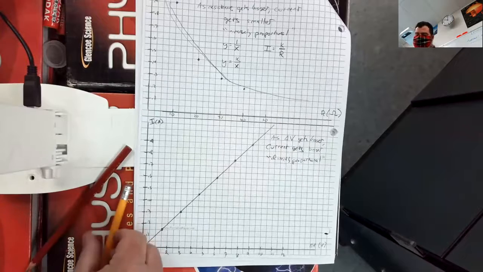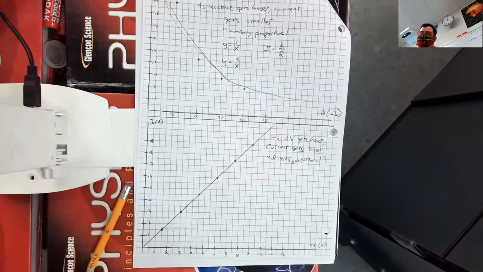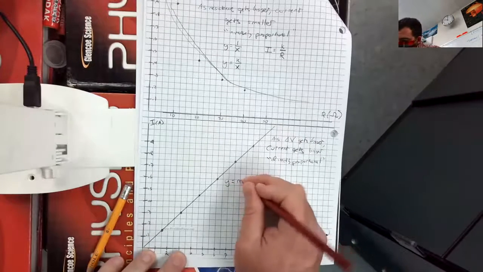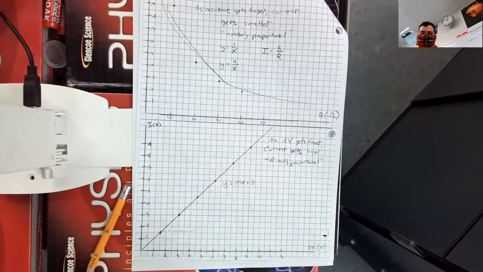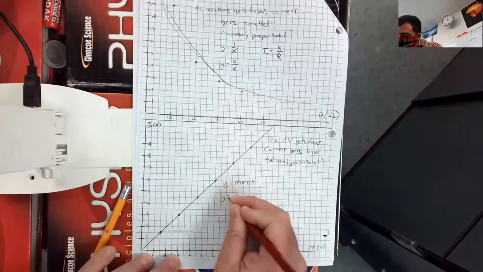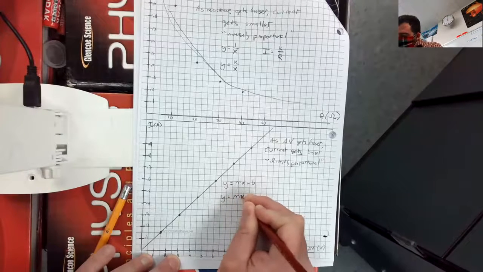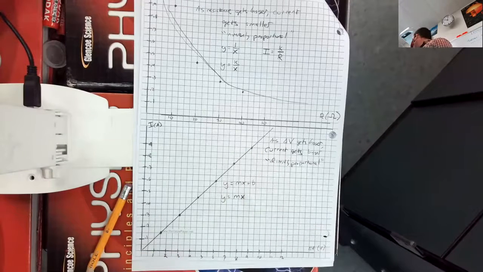So obviously, what shape graph is this? Perfect. So let's try to customize this one for our data. We don't have an intercept. So y equals mx plus 0, which is y equals mx.